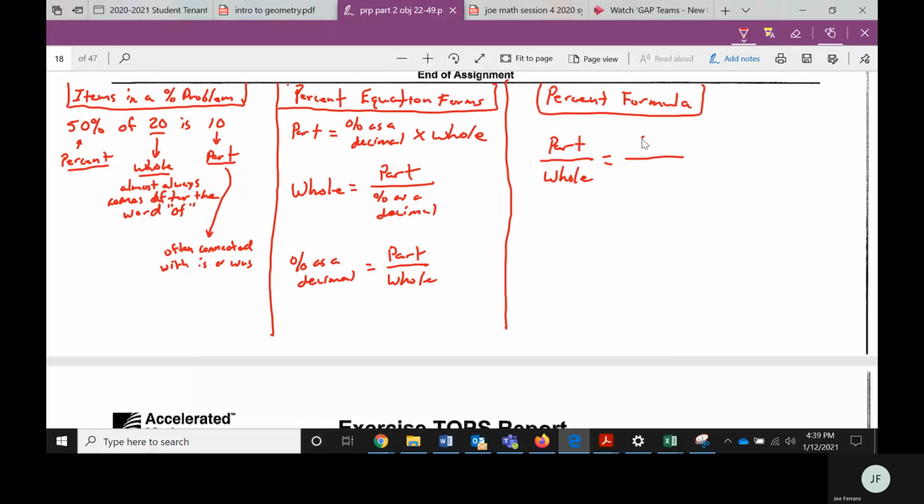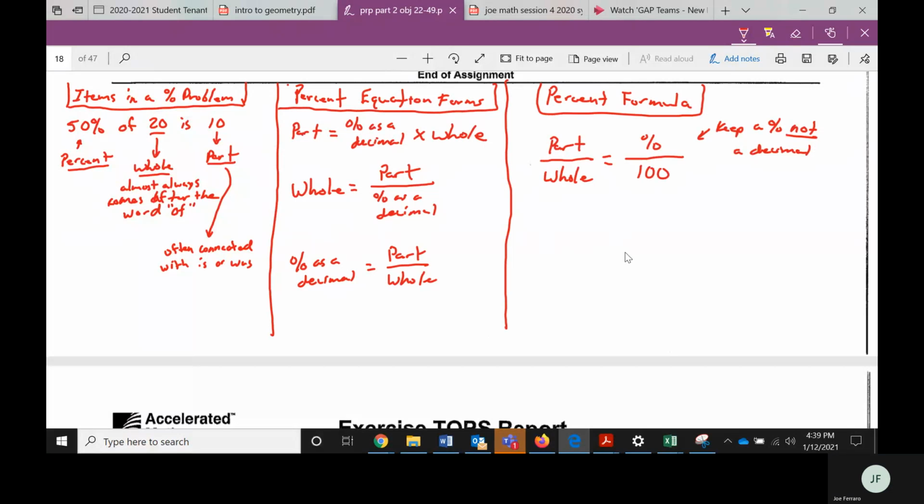Up here, you write the percentage, and the key there is you keep it as a percentage, not a decimal. So over in these, we change the percentage to a decimal. Here, we keep it as a percentage, and then the bottom is always 100.